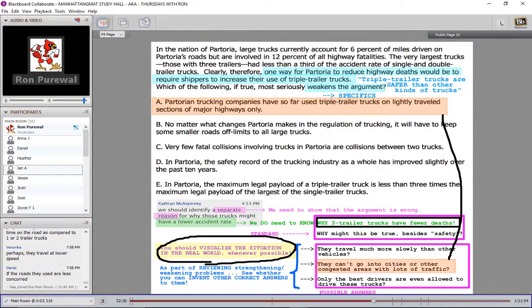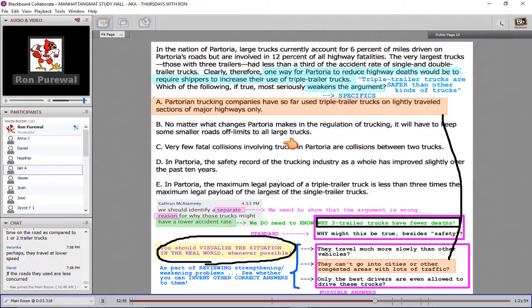For sure. You should also be able to eliminate the other choices. Choice B, nobody picked B, doesn't really have anything to do with anything. Choice C doesn't really matter because the absolute rate of fatalities doesn't matter here.